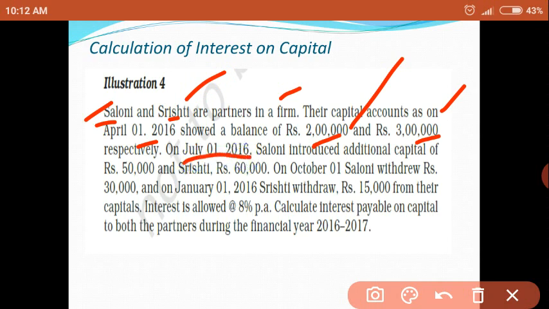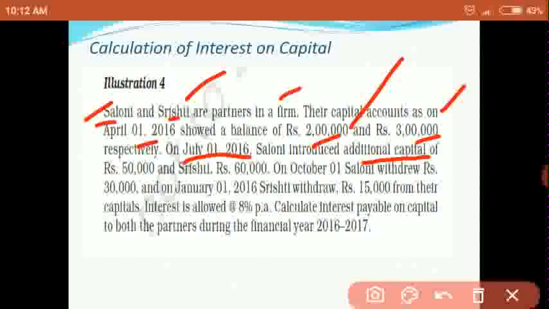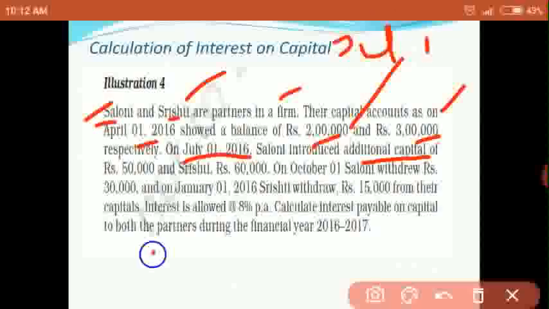On July 1, 2016, additional capital was introduced by Saloni. The date is very important: July 1, that is 1/7/2016. Saloni introduced additional capital of rupees 50,000, and on the same date Srishti introduced additional capital of rupees 60,000.